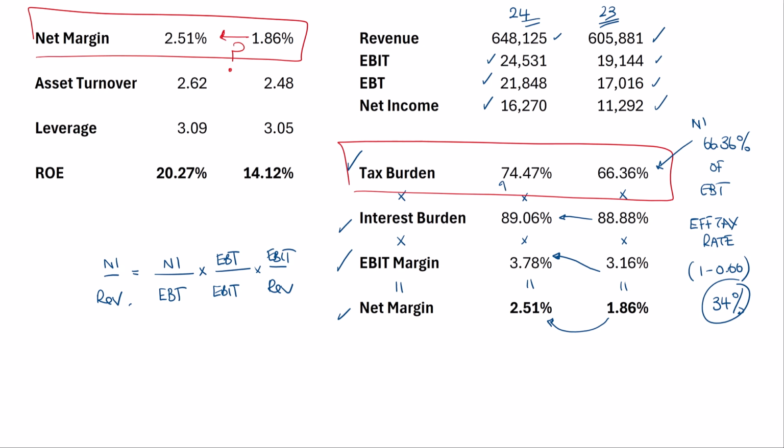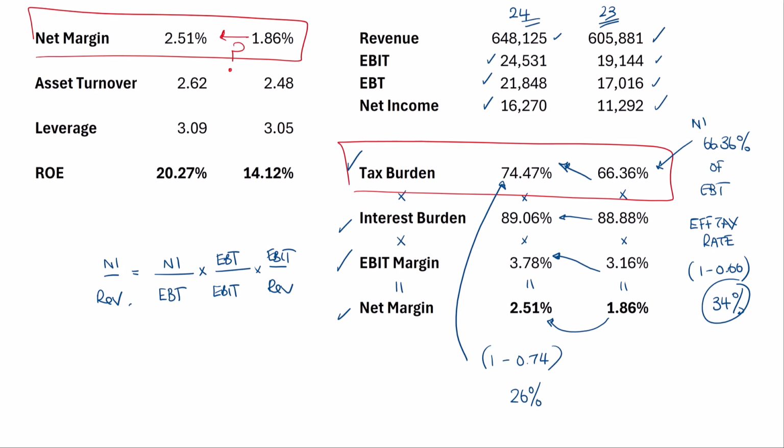Look at 2024. Now that's moved to 74.47%. That means your effective tax rate, 1 minus 0.74, this year is only around 26%. That's the change, and that's what you need to explain, because that is a big jump.